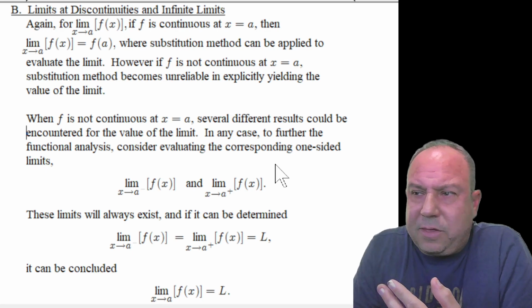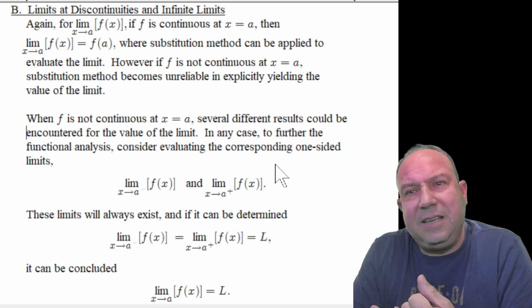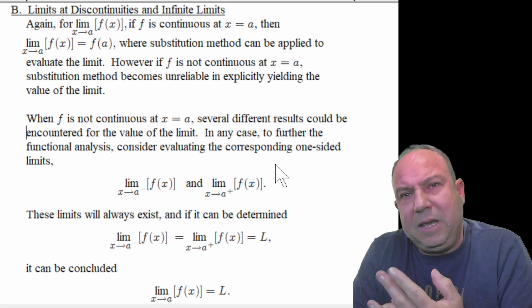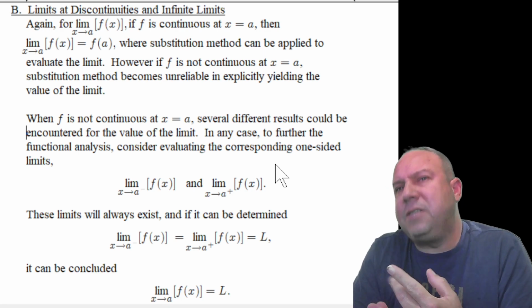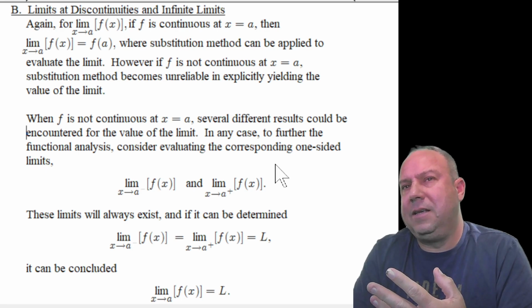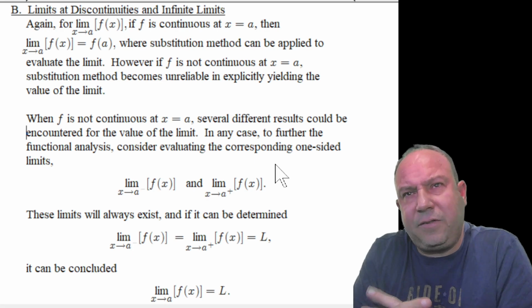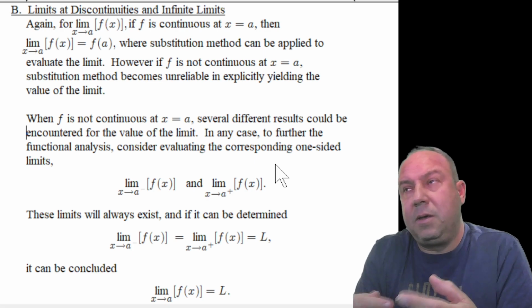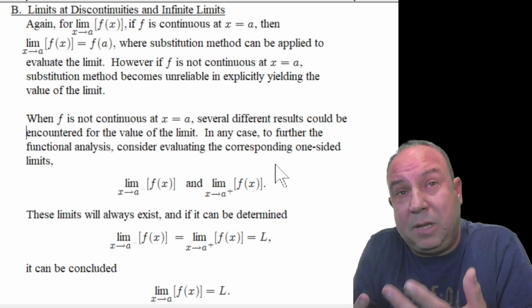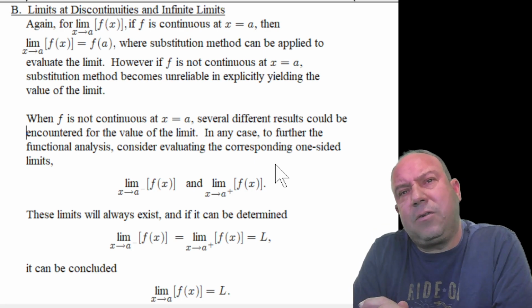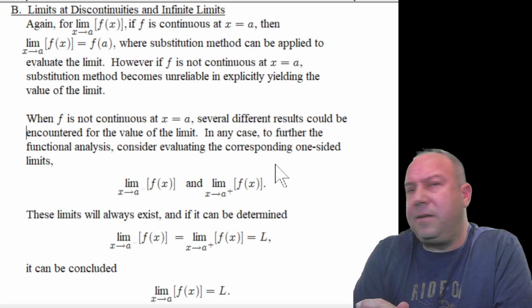And then there's also a third possibility that the limit, if it can be evaluated, could be the case for an infinite limit. All right? So we have these different cases that can all be possibilities when we consider evaluating the value of a limit.